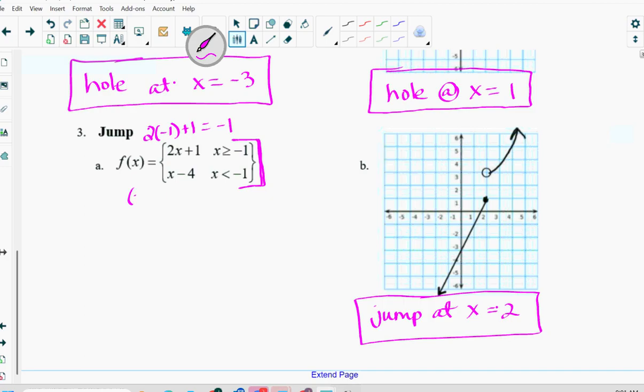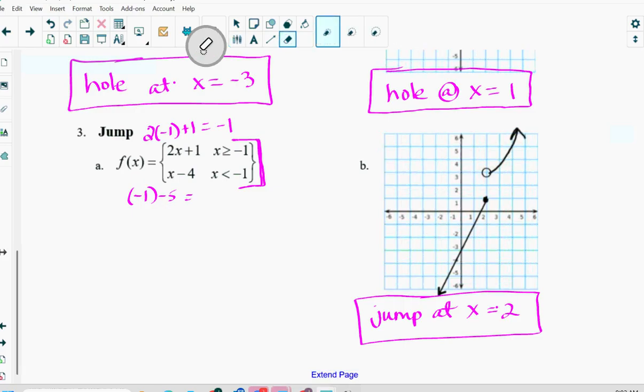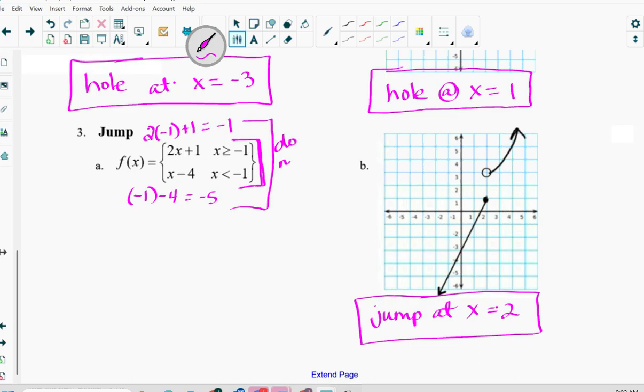I plug in -1 to the bottom, what do I get? -5. Okay, do they match? No, they do not match. That means you have a jump discontinuity at x equals -1.